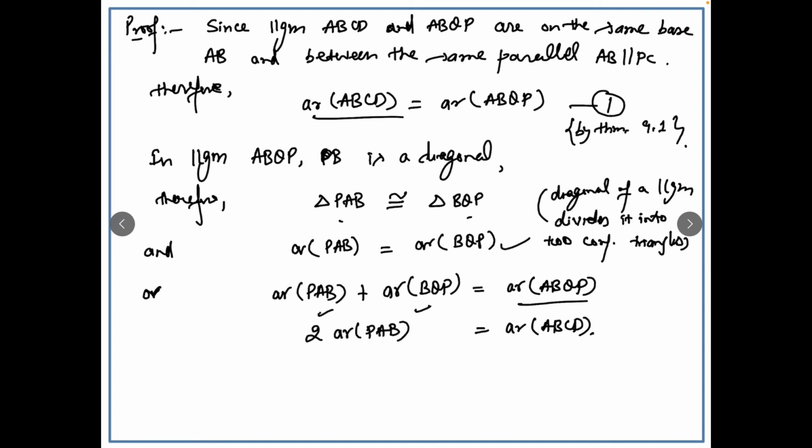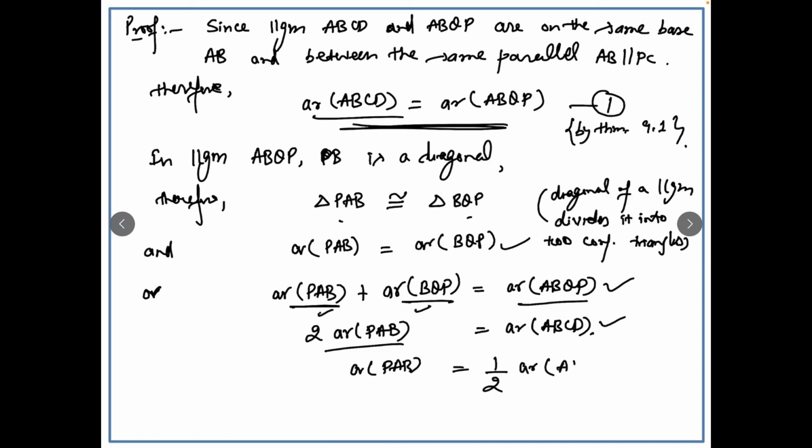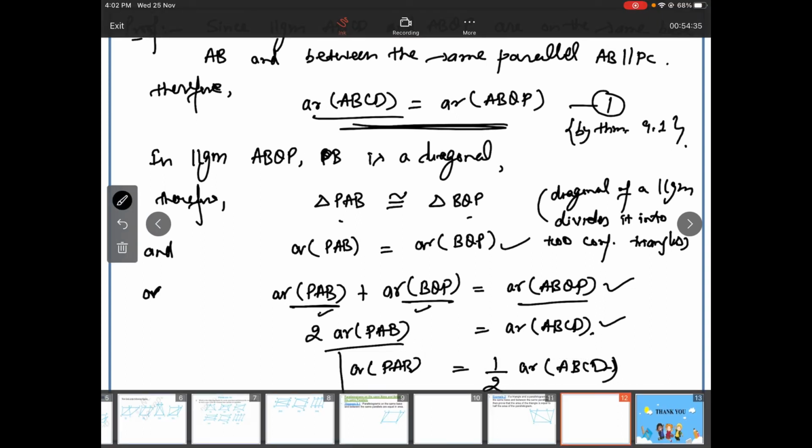So from here, the area of triangle PAB will be equal to, when you shift the 2 to the right hand side, 1 by 2 the area of ABCD. And this is what we were asked to prove here.